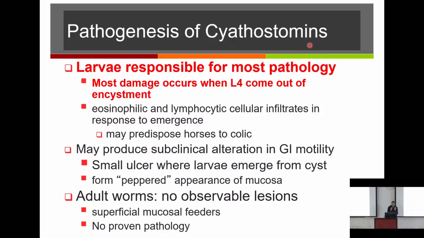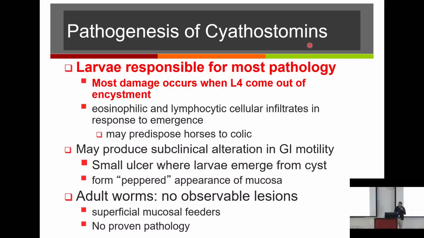And this is also one of the predisposing factors of colic once they damage the intestinal mucosa, and they also produce alteration in the GI motility, some ulcers, and where the larvae emerge from the cyst.